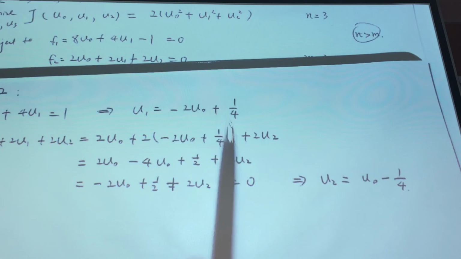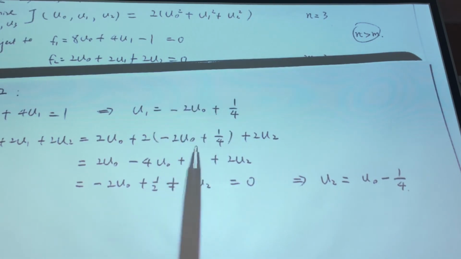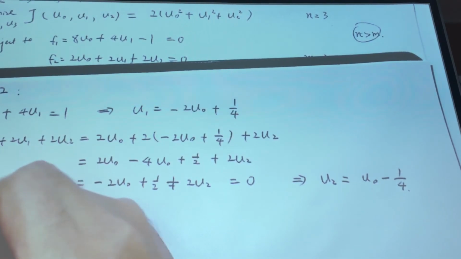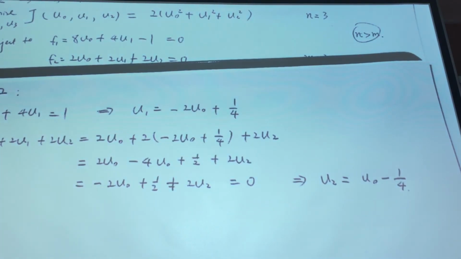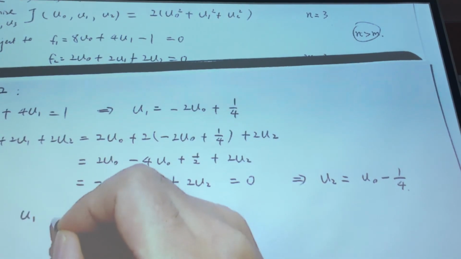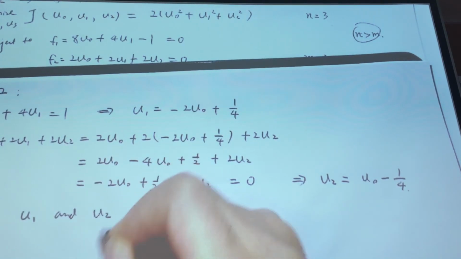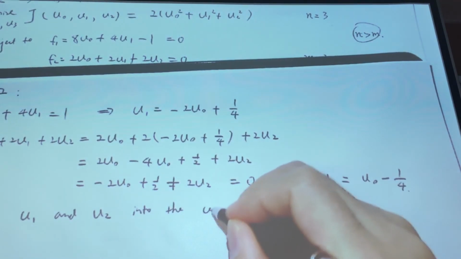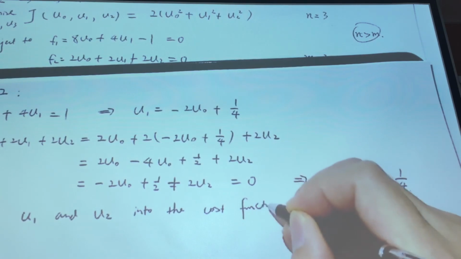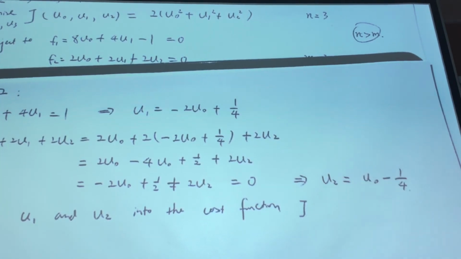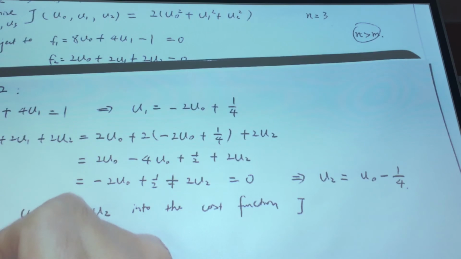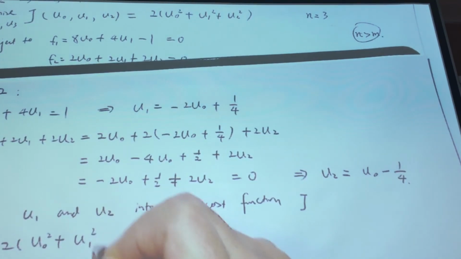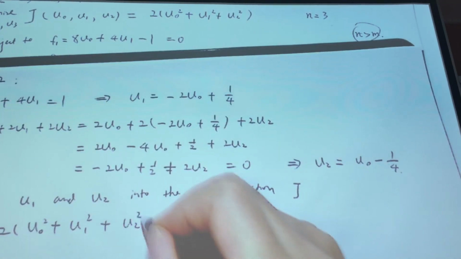So we may substitute u1 and u2 into the cost function J. J equals 2u0 square plus u1 square plus u2 square.